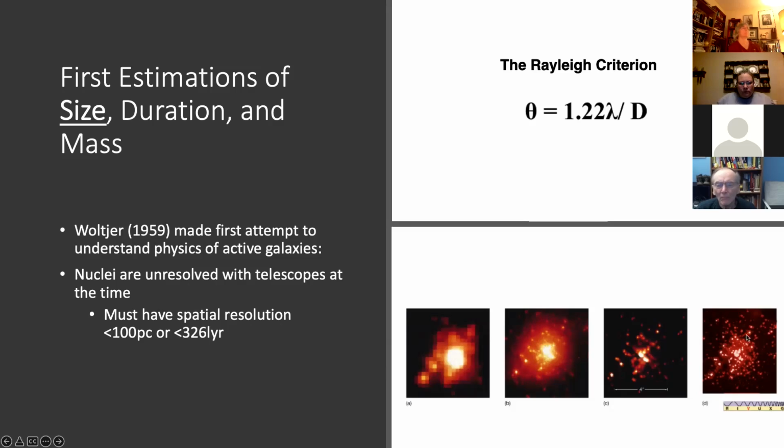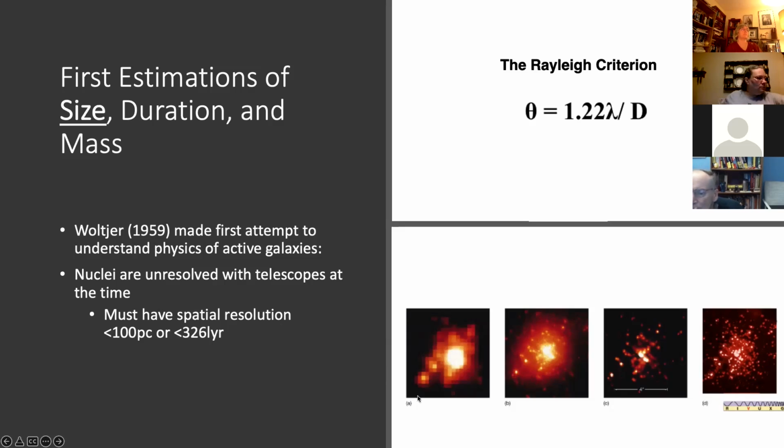To give a little bit of intuition of spatial resolution, I have 4 images here, the rightmost one being from the Hubble Space Telescope, and the others from worse telescopes. Imagine that this central white blob was the active galactic nucleus.